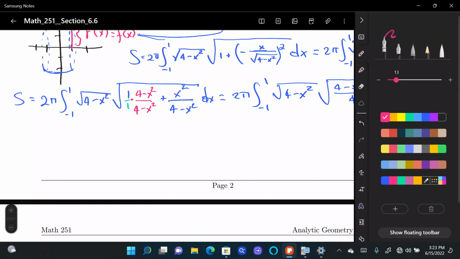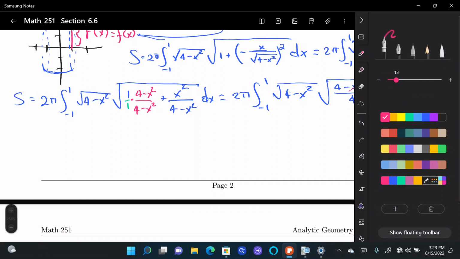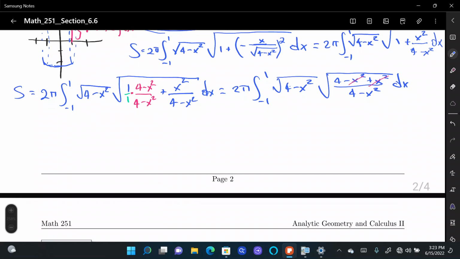Do you see how these two x squareds cancel out? That's going to leave us with the following: 2 pi, integral from negative 1 to 1, square root of 4 minus x squared times the square root of 4 over 4 minus x squared.